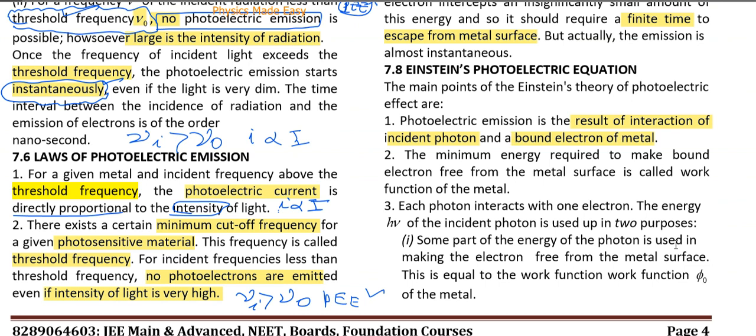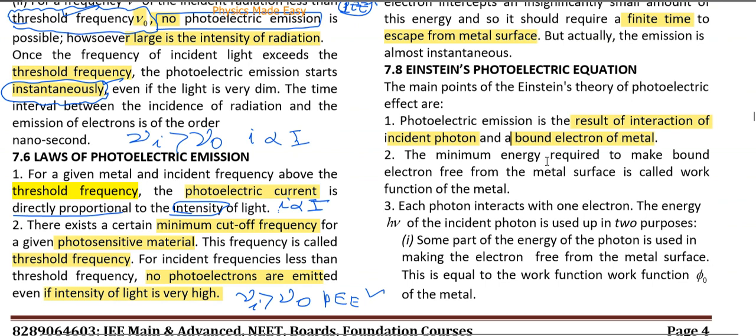The energy needed to free an electron bound by nuclei is called ionization energy. Listen again. The energy needed to free an electron from the nucleus of an atom is called ionization energy, and the energy needed to make an electron free from the metal surface is called work function.